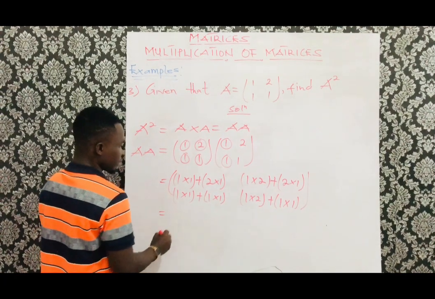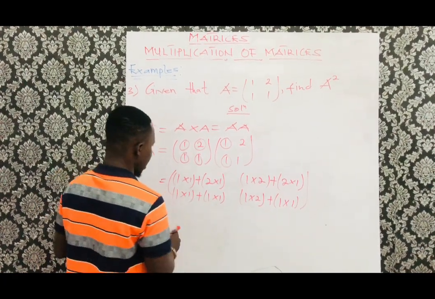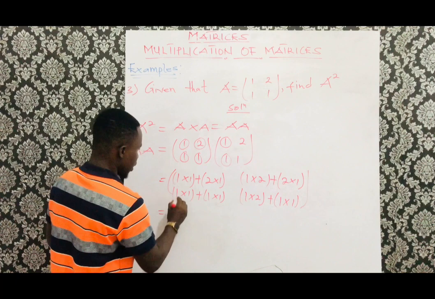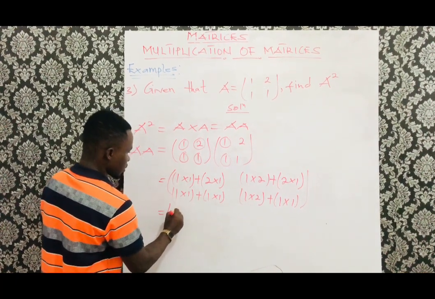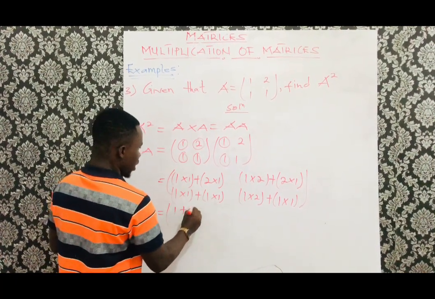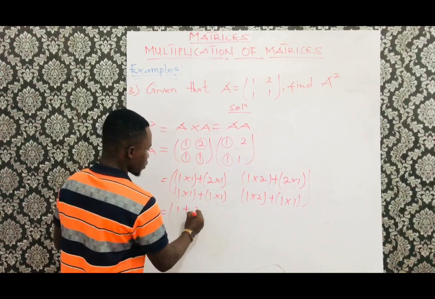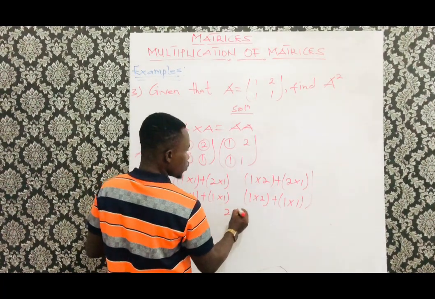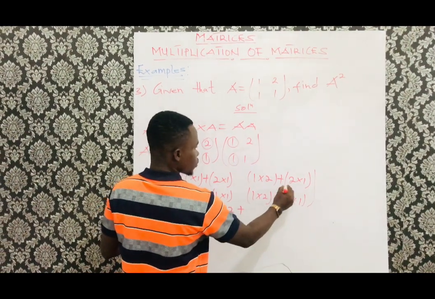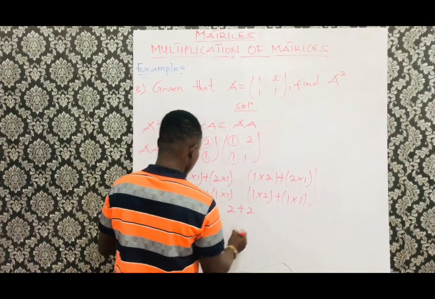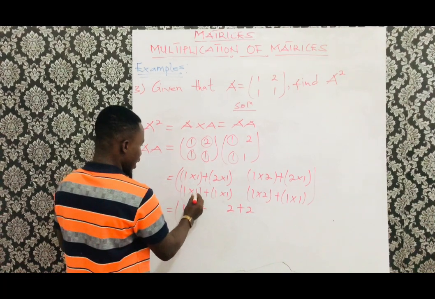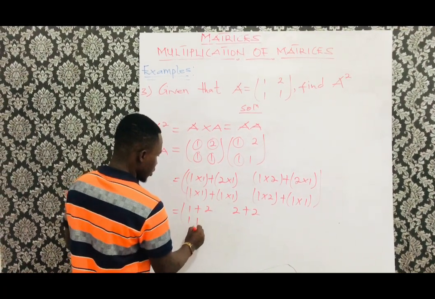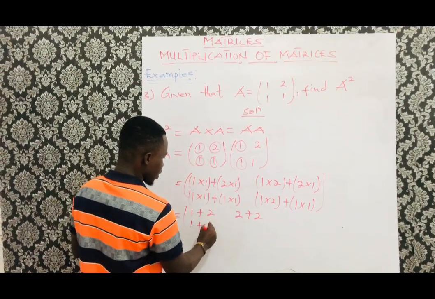Then from here, we multiply. So we have 1 times 1 gives us 1 plus 2 times 1 gives us 2. 1 times 2 gives us 2 plus 2 times 1 gives us 2. 1 times 1 gives us 1 plus 1 times 1 also gives us 1.